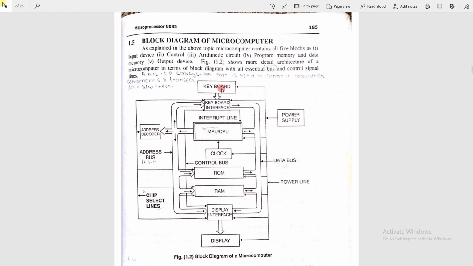But instead of directly giving the input to the microprocessor, there is a keyboard interface in between. It's a chip where this program and data is stored for the time being, because there are chances that the microprocessor might be busy performing some instruction. This keyboard interface then will send an interrupt signal to the microprocessor that there is some interrupt.